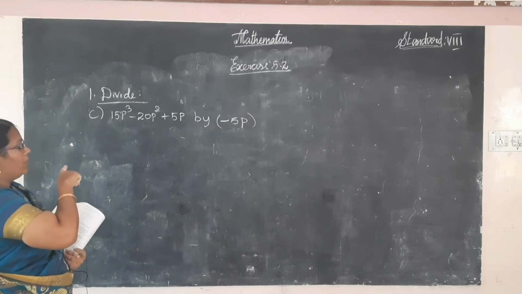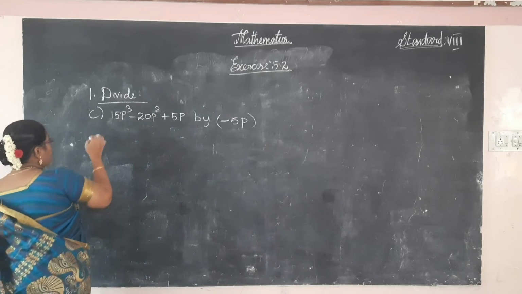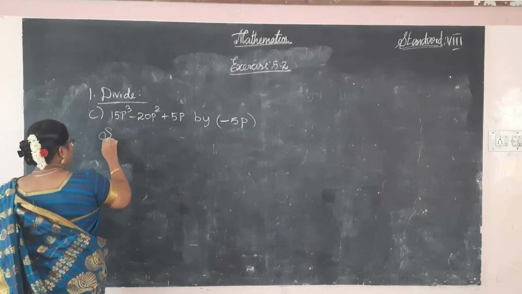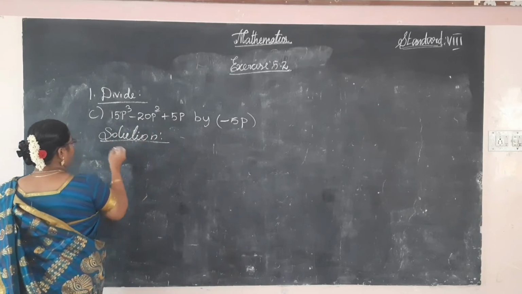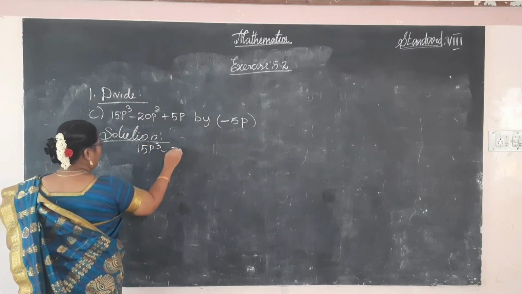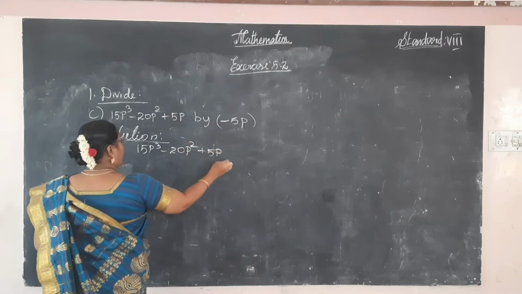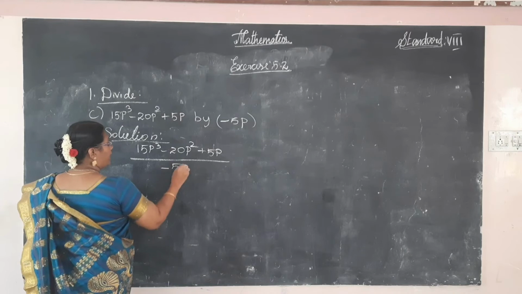Okay, so polynomial by monomial. The first type. So what we do? First write the dividend: 15p power 3 minus 20p power 2 plus 5p divided by the monomial term minus 5p.